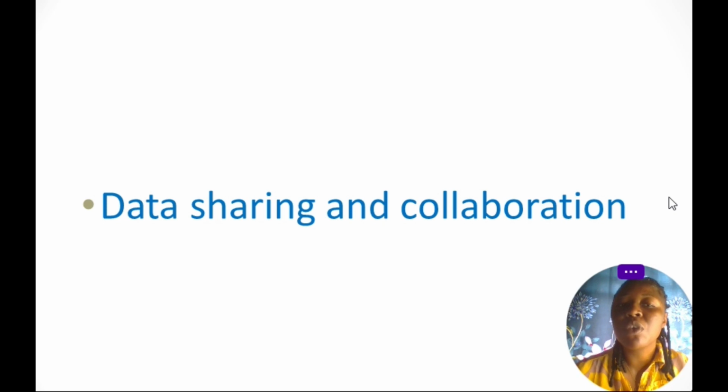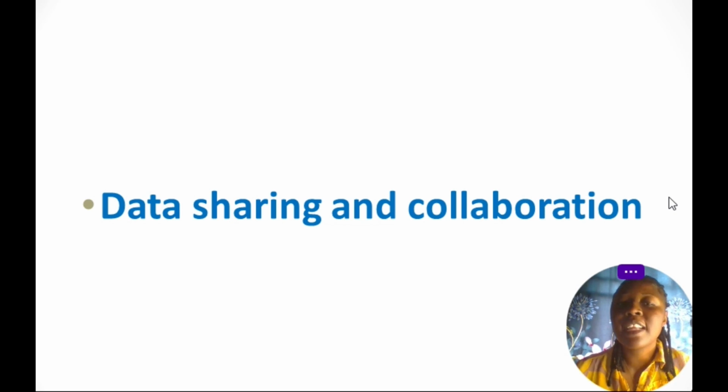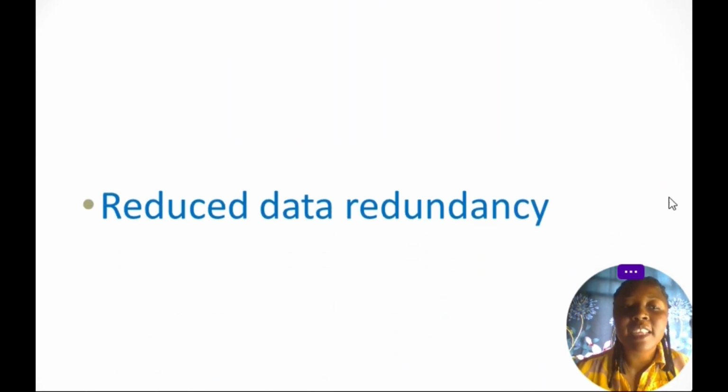This is the main function of data sharing and collaboration. Let's talk about reduced data redundancy. The main key benefit of a database management system is that it reduces data redundancy. What is data redundancy?